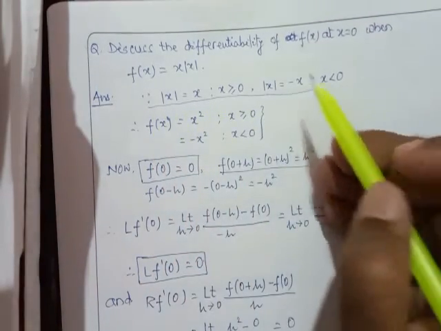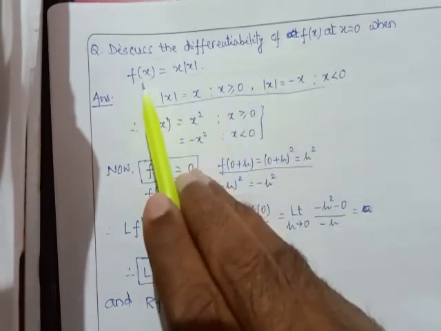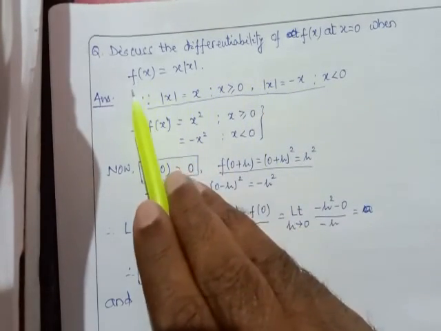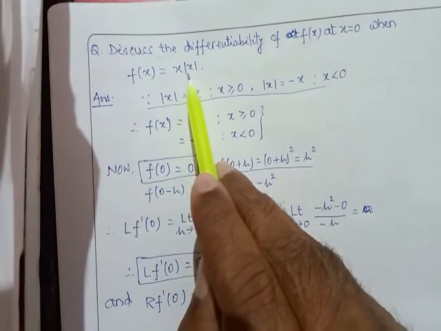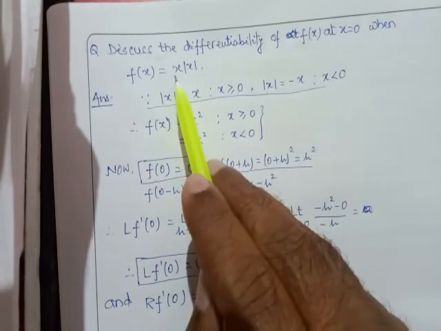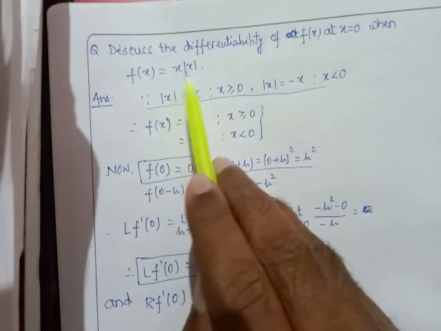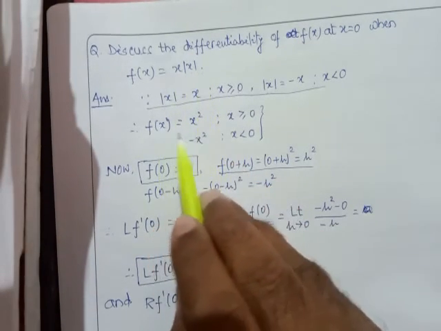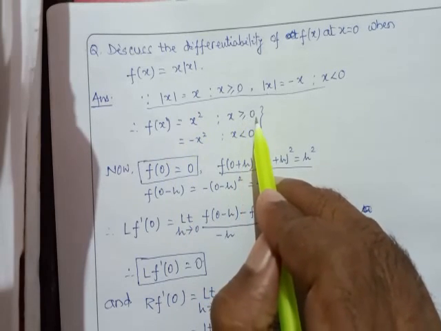So using these conditions, reform f(x). f(x) is equal to x into modulus of x. So when x is greater than or equal to 0, then it should be x into x, that should be x square. So f(x) is equal to x square when x is greater than or equal to 0.